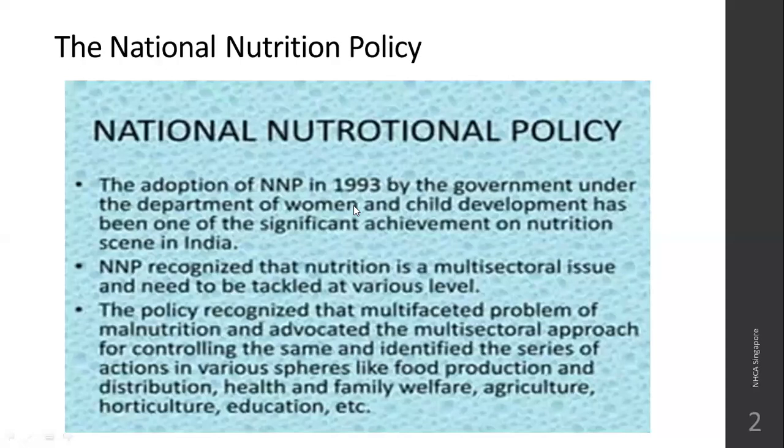It's not just that you are not able to produce enough food or your buying capacity is less. There is not just a single factor that leads to malnourishment. So it's a multi-sectoral approach. The policy recognized the multifaceted problem of malnutrition.